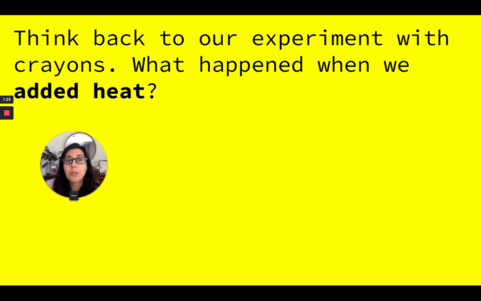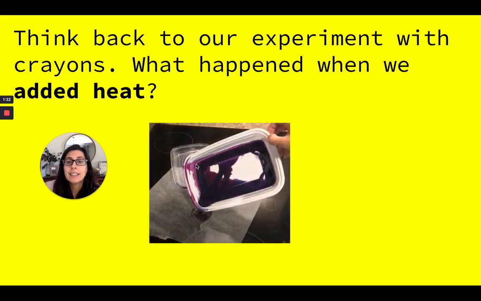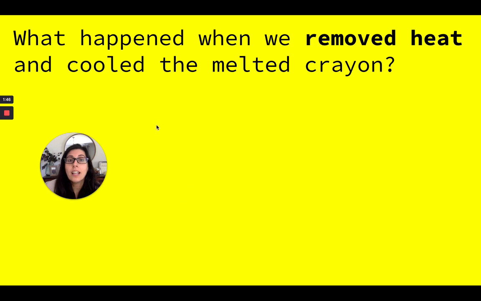Let's think back to our experiment with the crayons. What happened when we added heat? Yes, that's right. When we added heat, the crayons changed their state of matter. They changed from a solid into a liquid. Now, what happened when we removed the heat and cooled the melted crayon?